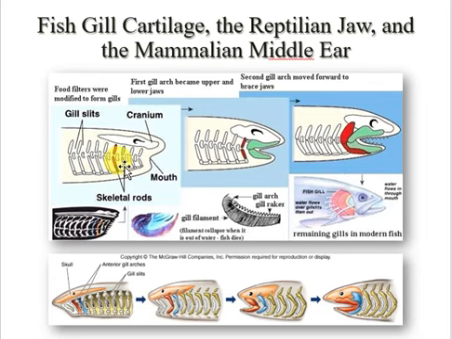Now, the actual evolution of jaws arose when these gill arches of the agnathostomes became modified to form an actual jaw. The mechanism proposed is that the first gill arch, or the mandibular arch, became fused to the cranium, to the underside of the skull.